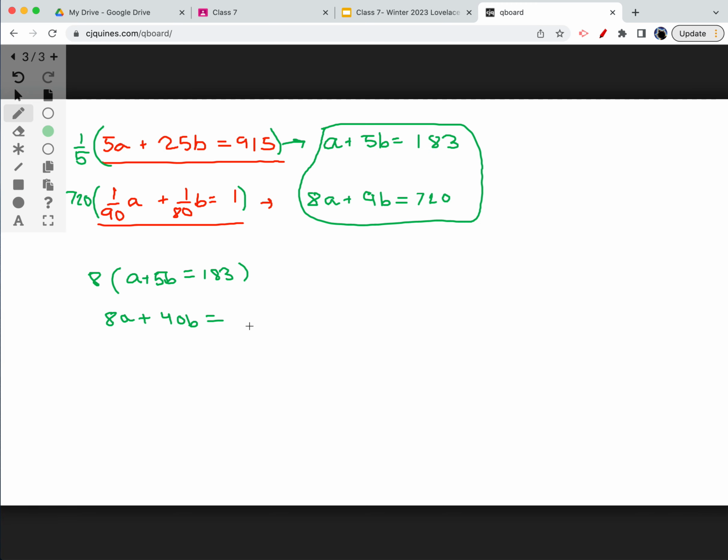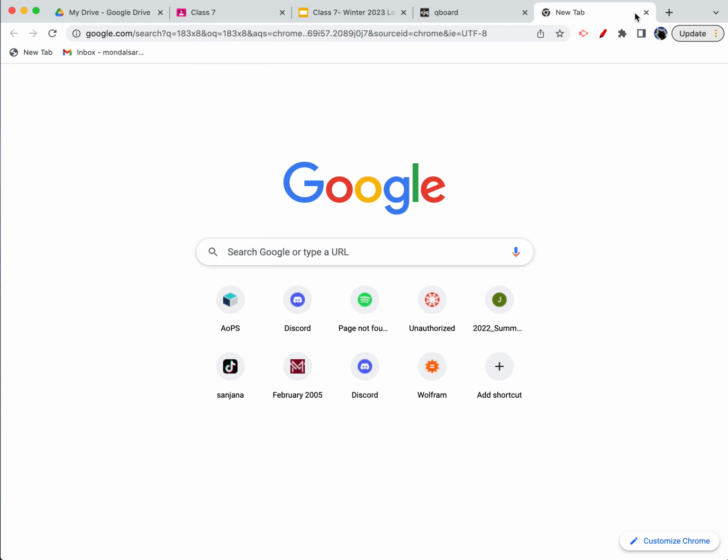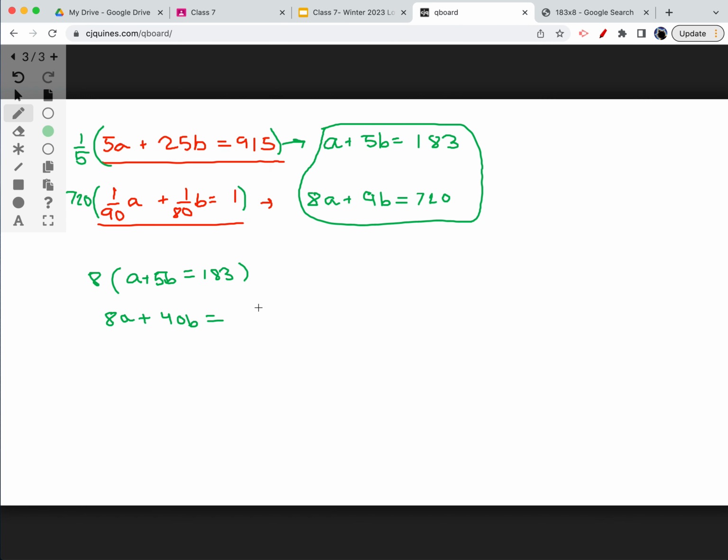is equal to, let's just use a calculator, 1464, and 8A plus 9B is equal to 720.